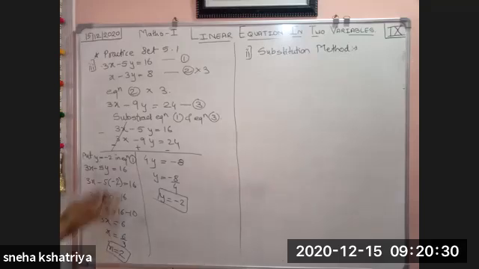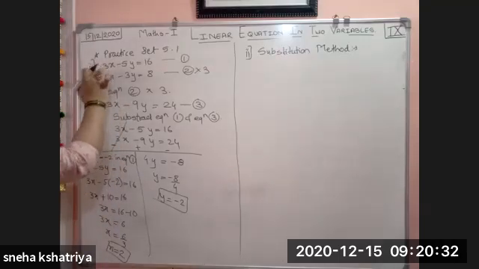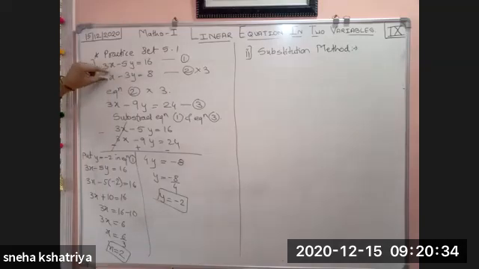Very simple. Whatever variables are there, I have compared them. If they are same, fine; if they are not same, make them same. If their sign is the same, then subtract them; if their sign is opposite, take addition directly.